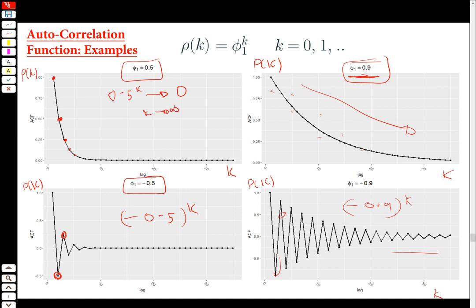The correlation at lag naught we always get 1, because the correlation with itself is always 1. At lag 1, we have a half. At lag 2, we have a half squared, then a half cubed, and it goes down. So this goes to 0 as k goes to infinity. This just says the correlation of yt with itself in the past is decaying exponentially quickly.